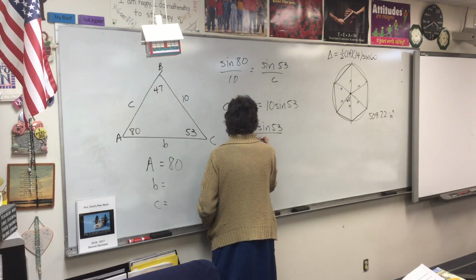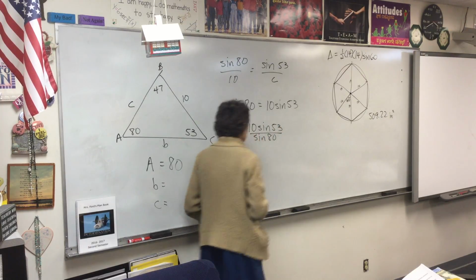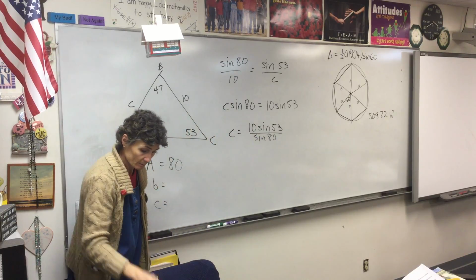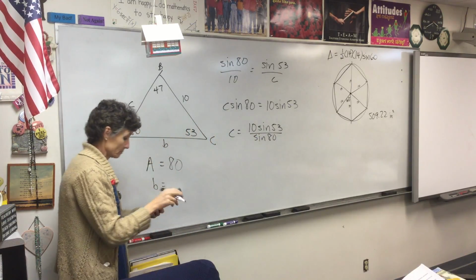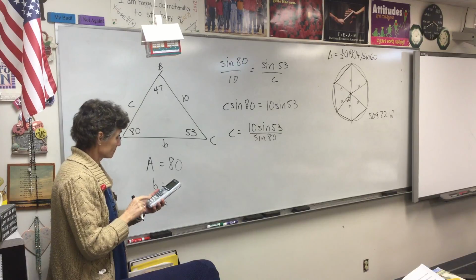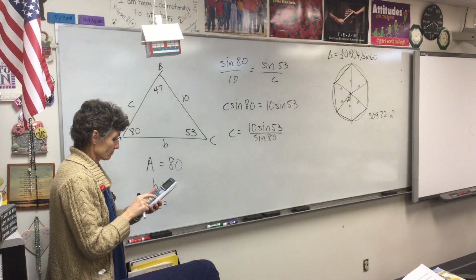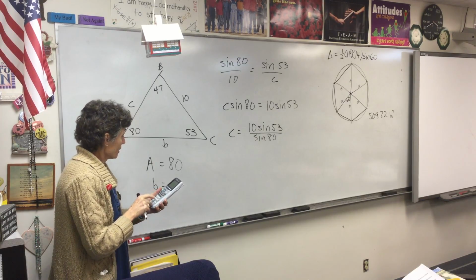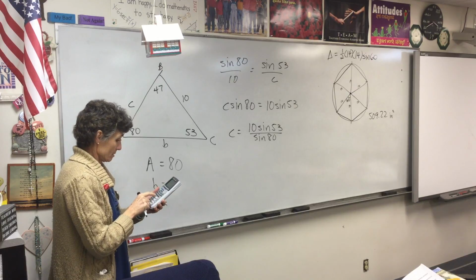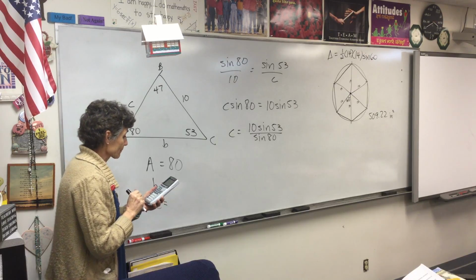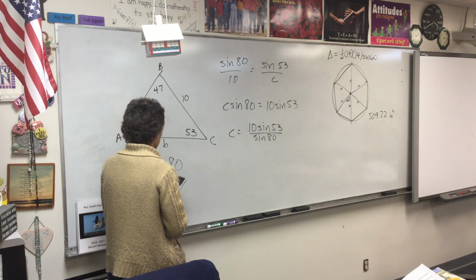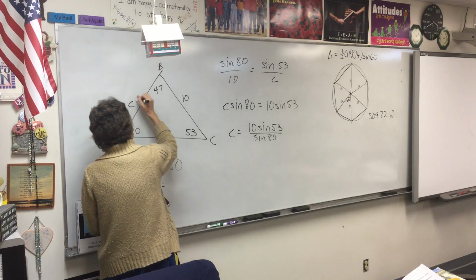You can't separate them, so sine 80 is what I'm dividing by. I got 8.11. And that was side C.